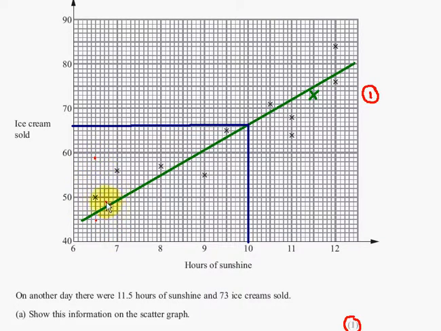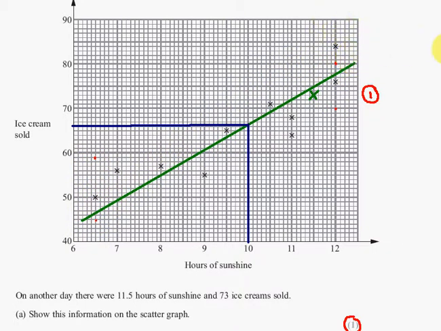So, as long as your line of best fit is in between those points, that's okay. And over here, sorry, these are coordinates, 12, 70 at this point, and 12, 80. So you can see my line of best fit is in between those two sets of coordinates. Okay, so my line of best fit is acceptable.